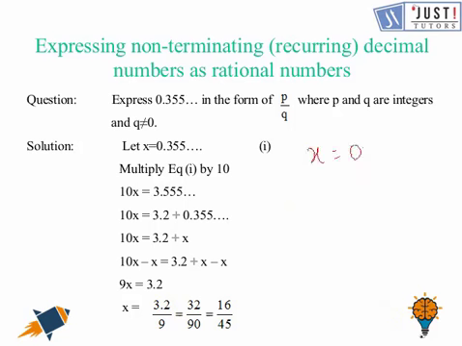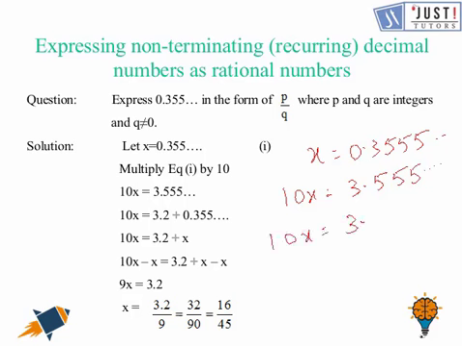x equals 0.3555 and so on. Now we multiply both sides by 10, so that would be 10x equals 3.555 and so on. And we can write 3.555 as 3.2 plus 0.355 and so on.